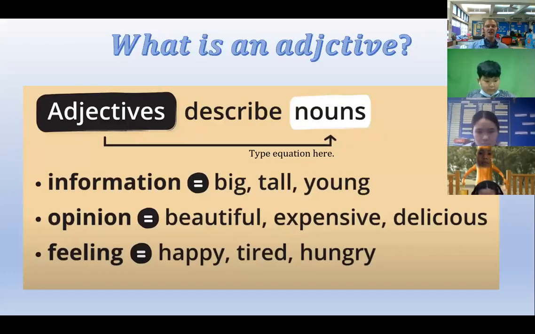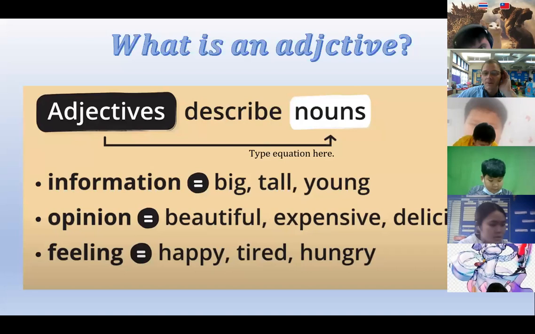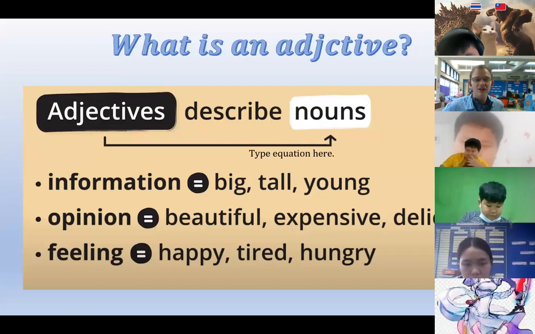Firstly, once again, let's look at the word noun. What does a noun mean? Who can tell me the definition of a noun? Let me help you with the first one, but from there on, you need to help me as well.